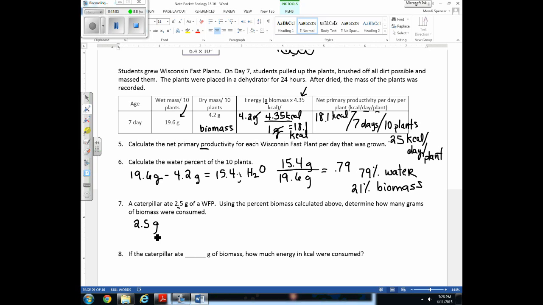There's no energy stored in water that the caterpillar can utilize. So there's 2.5 grams consumed, and we know that out of that 2.5 grams, only 21% is actually biomass. So when we do that calculation, those caterpillars only consumed 0.5 grams of biomass. They didn't get 2.5 grams of biomass. Some of that mass that they consumed was water.